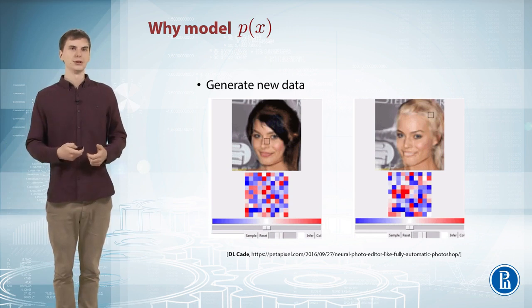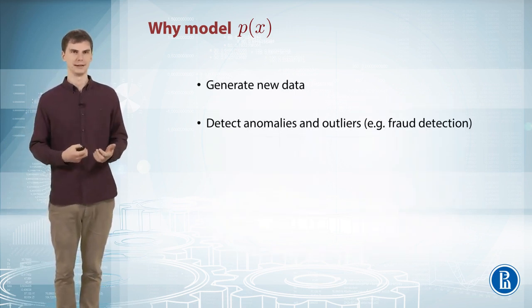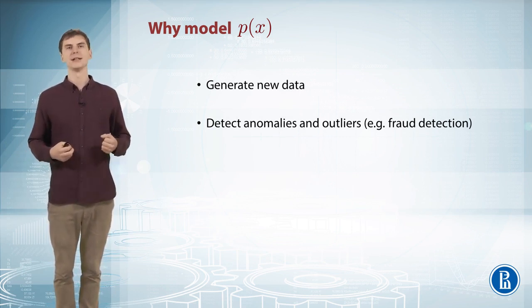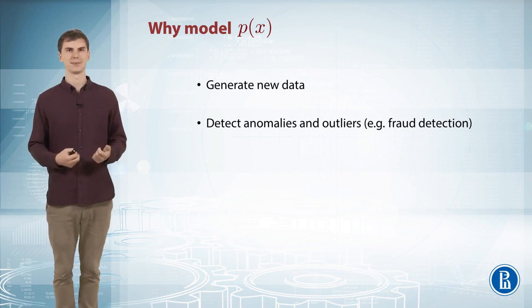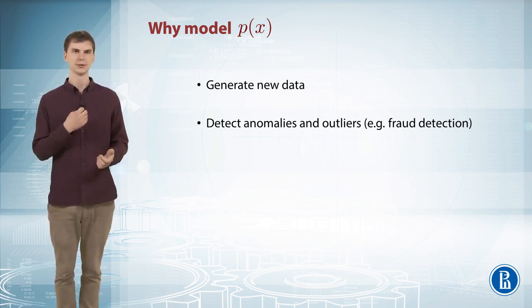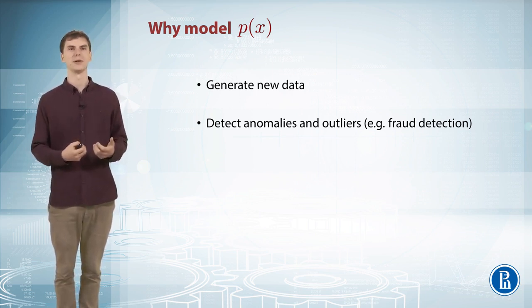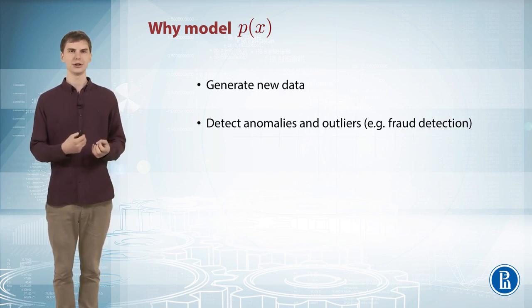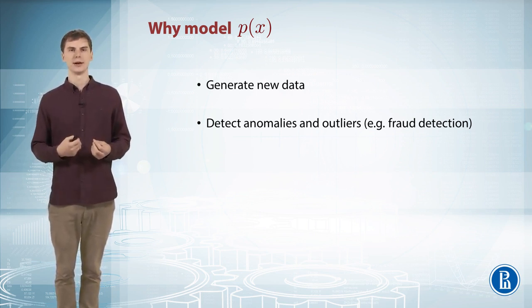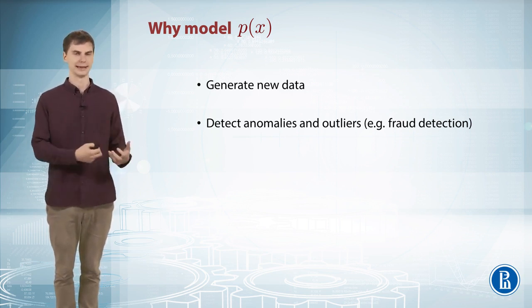So one more reason to try to fit distribution p of x into some complicated structured data like images is to detect anomalies. So for example, you have a bank and you have a sequence of transactions, and if you fit your probabilistic model into this sequence of transactions, for a new transaction you can predict how probable this transaction is according to our model, according to our training dataset.